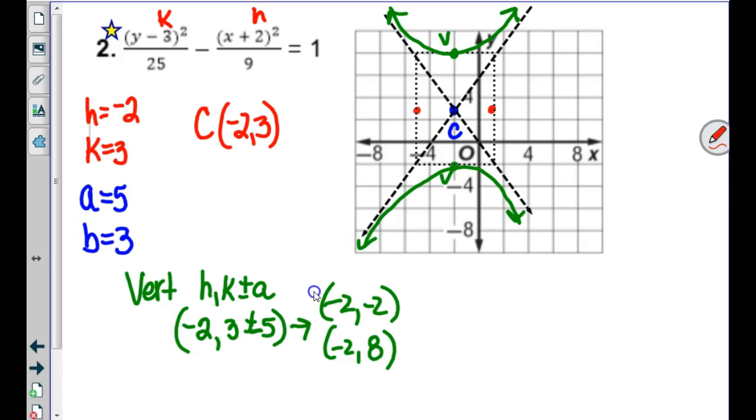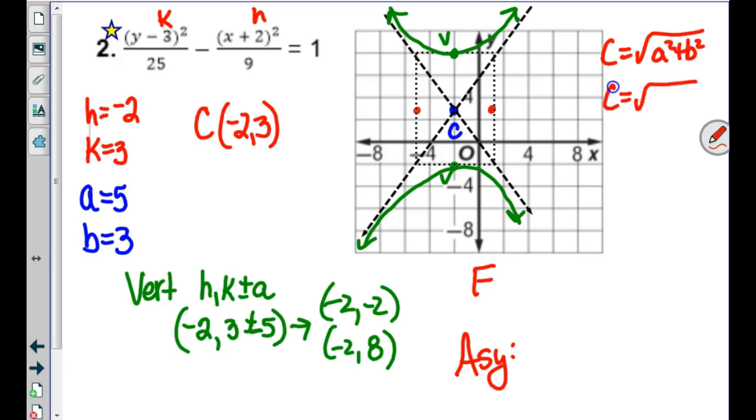Right, Nolan? Okay. So what do we still have to find? Two things. Foci and asymptotes. Yep. Okay. So we need to find the c value. Good call. c equals the square root of a squared plus b squared. So we'll have the square root of 25 plus 9, 34.